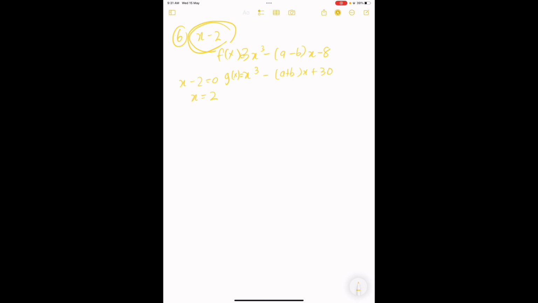Okay, so same using factor theorem. f(2) is equal 0. Okay, so the first function f(x) is equal 0, right? So put f(2) equals 0. So you put 2 inside the first function, which is this one.